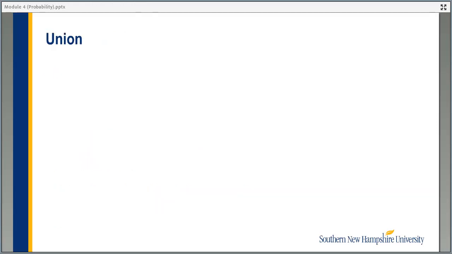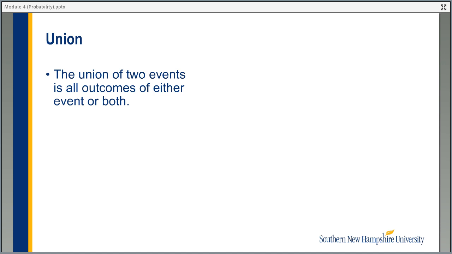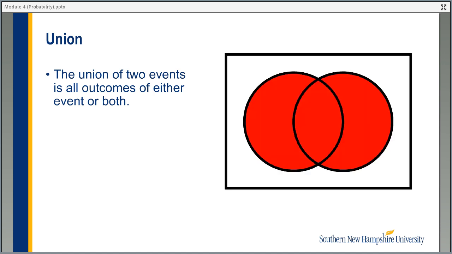Now let's talk about unions. The union of 2 events is all outcomes of either event or both events. Let's say we surveyed a group of students in a school about whether they had a dog, a cat, or neither. If the entire box represents all 3 potential answers, which is our sample space, the first circle is the event that a person had a dog, and the second circle is the event the person had a cat.